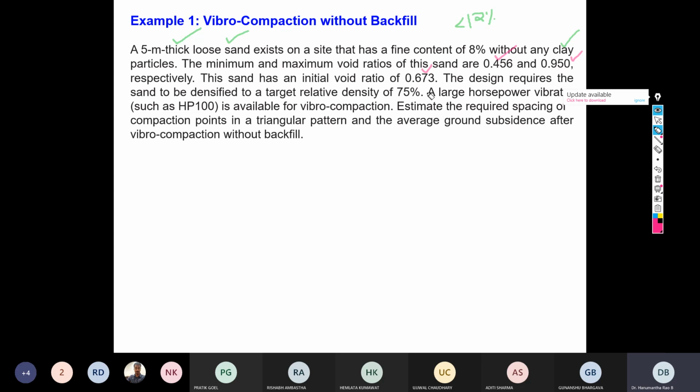Next, the initial void ratio is 0.673, but the minimum void ratio that it can go to is 0.456, that we can reduce. So that means there is enough scope to reduce the void spaces.